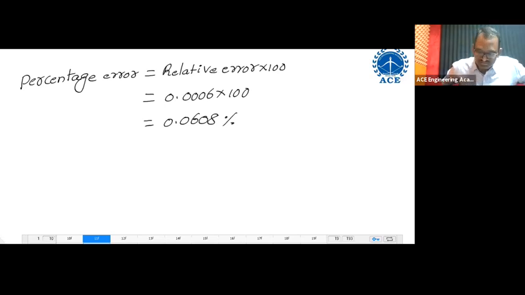Numerical integration means the trapezoidal rule and Simpson's rule. Under numerical integration, we will discuss the trapezoidal rule, Simpson's 1/3 rule, and 3/8 rule.